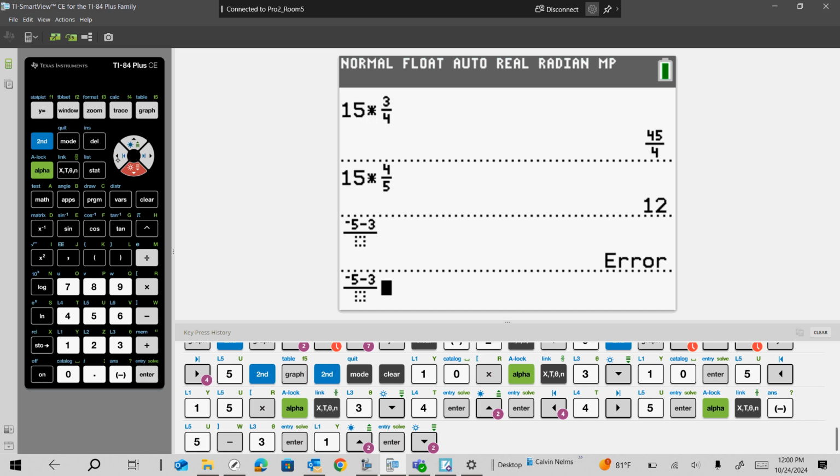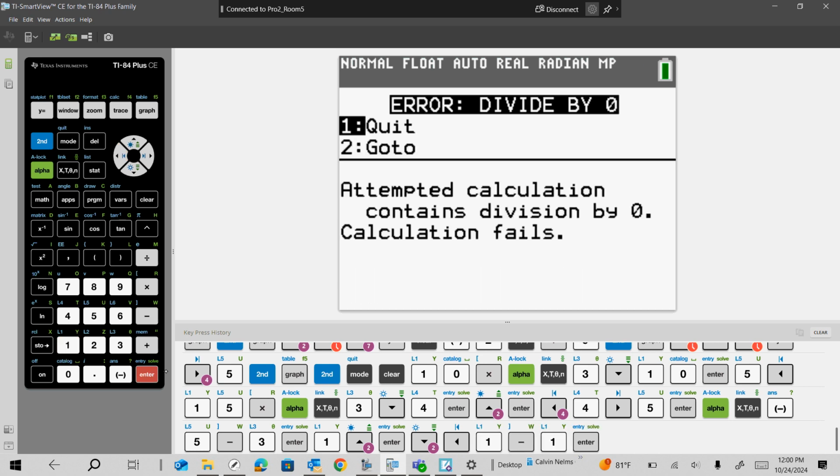If you put the operation on the bottom number, 1 minus 1, divide by 0, you get that error. It's just saying that you cannot have 0 at the bottom, which means it's undefined. It would say the error up here at the bottom, divide by 0.